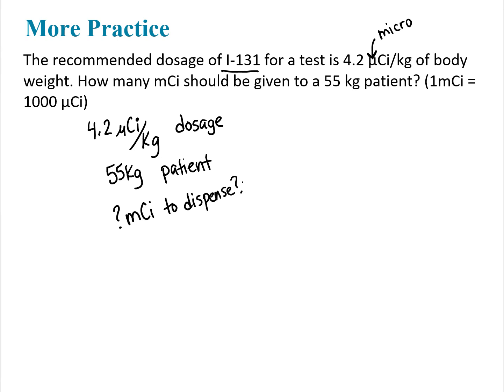Overall, what we're trying to do is another conversion. We're taking the dosage, which is a conversion factor, to figure out how much of this radioactive isotope we should give to the patient. Once we do that, we have to report our answer in millicuries.